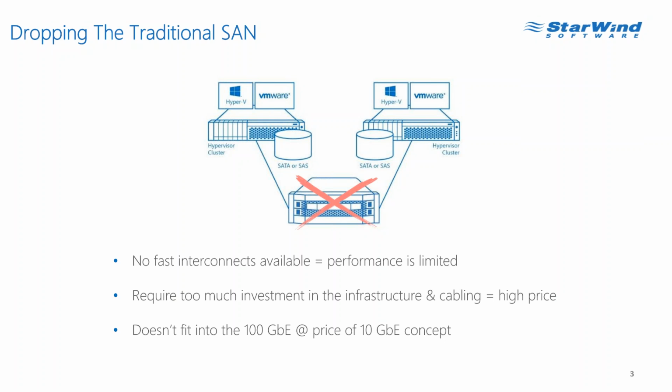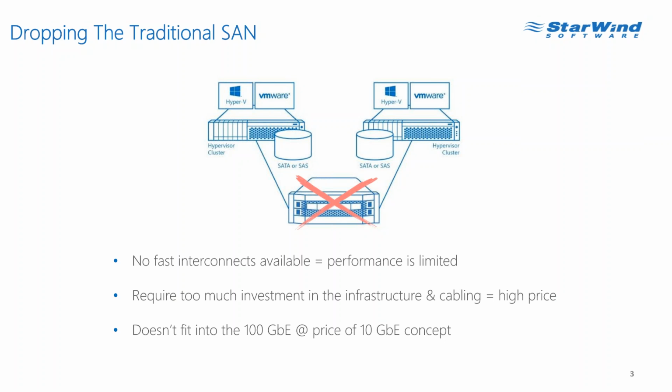Then, even if there were special SANs which would do, let's say, 40 gigabit or 100 gigabit, that would be an extremely high price to implement because you need completely new infrastructure, new network cards, new HBAs, new switches, and of course the 100 gigabit SAN itself. For now, Google corrects me and says you want 100 gigabyte storage.